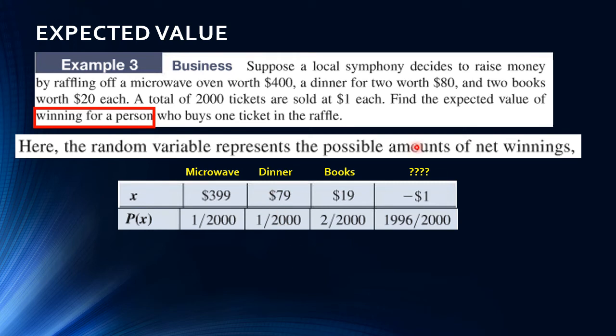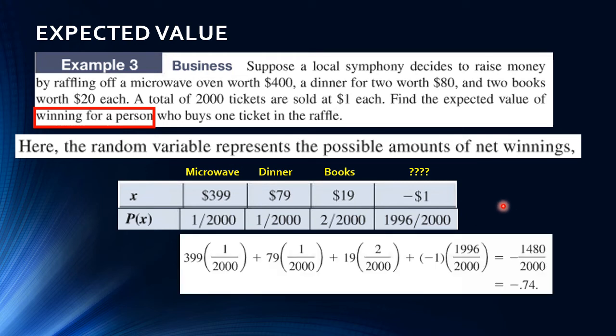So now we're really ready to find the expected value. Now it's a simple calculation. 399 times 1 over 2,000, 79 times 1 over 2,000, 19 times 2 over 2,000, and -1 times 1,996 over 2,000. And when we do that, we get -0.74. Again, what does that mean?